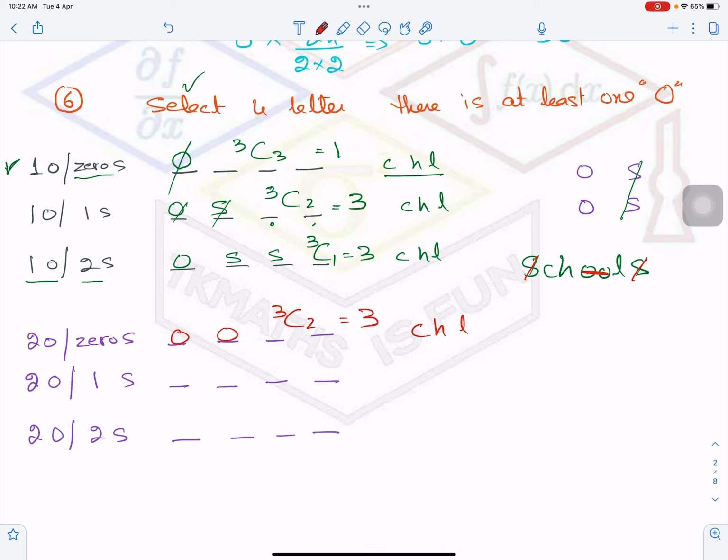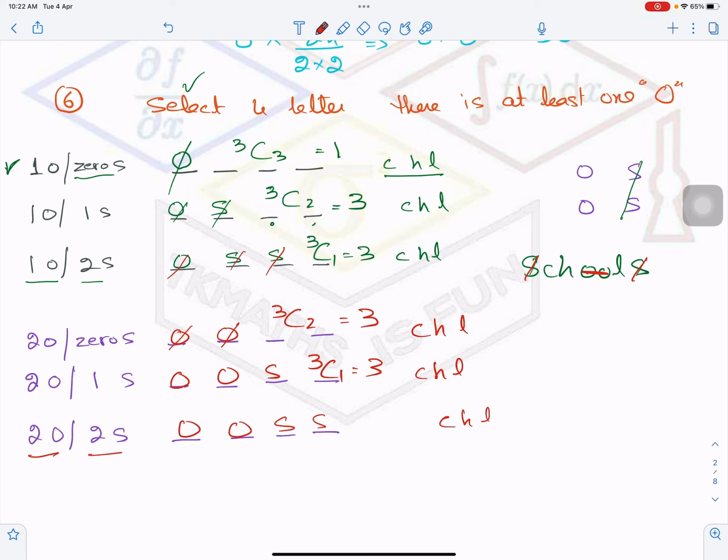Because we have already selected these, I put a cross here so I'm not worried about the selection for these places. Now 2 O and 1 S selected. The remaining letters are C, H, L, and I have to select only 1 out of 3. Now the case is 2 O and 2 S. I can't select anything from here.